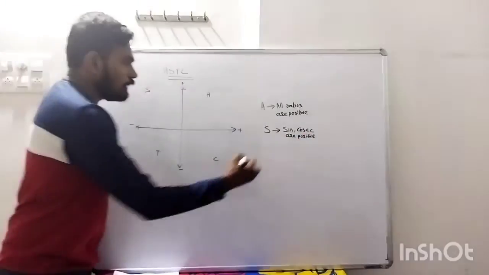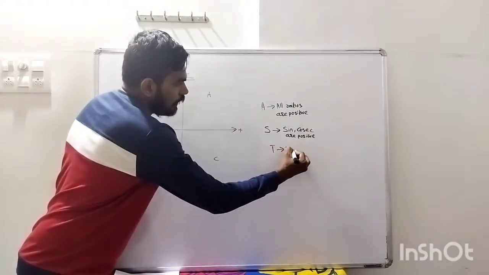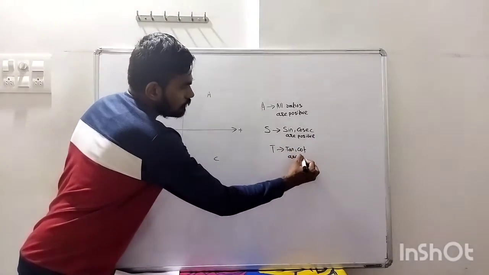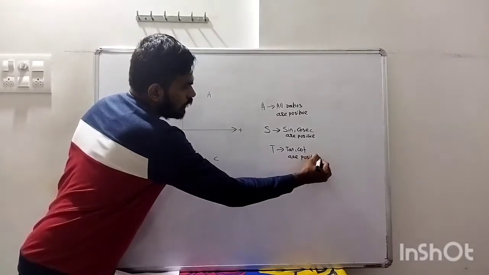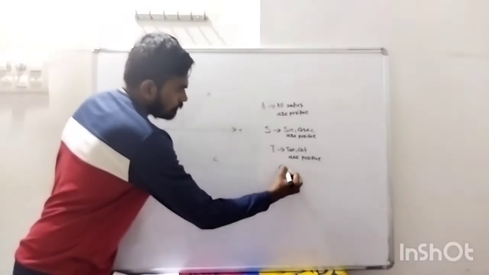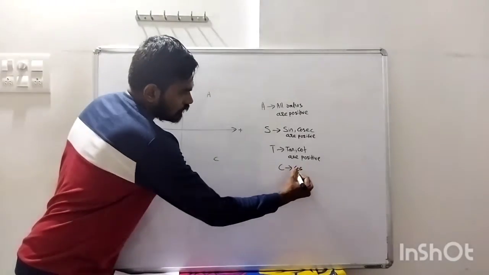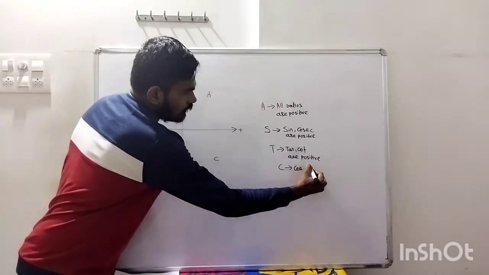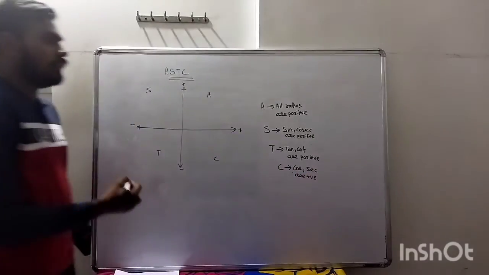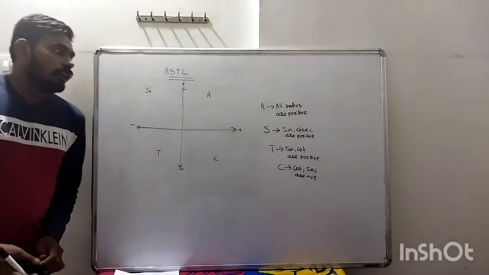Similarly, T means what? Tan and the reciprocal of tan, which is cot, are positive in the third quadrant. And C means what? Cos and the reciprocal of cos, that is sec, are positive. Remaining all are negative.